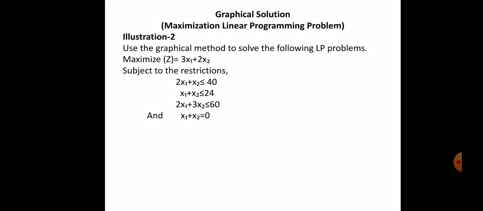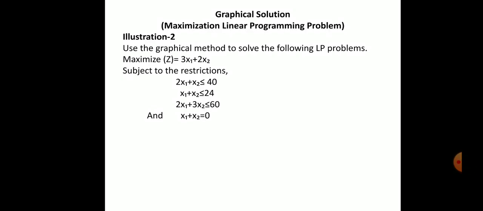Next, they have given subject to the restrictions, that is, conditions. For producing product x1 and product x2, there are some restrictions or constraints. The first restriction is 2x1 plus x2 is less than or equal to 40. It means if you are producing x1, it is 2 times the cost, plus x2 multiplied by 1. If no number is given, we have to consider it as 1.